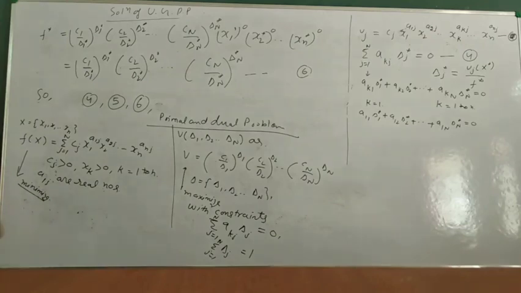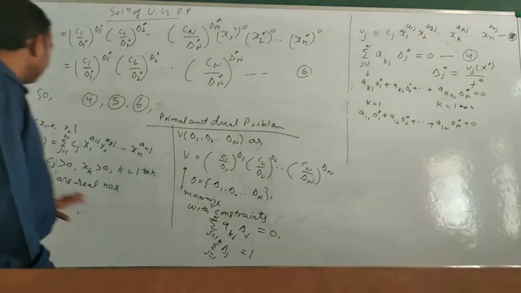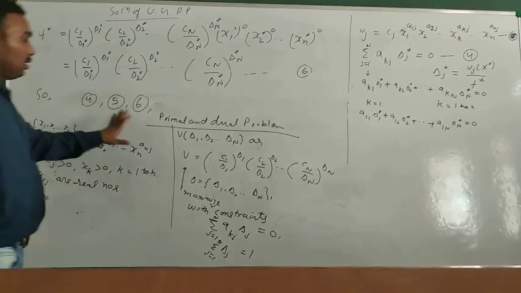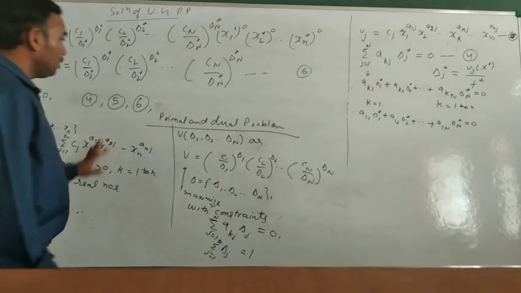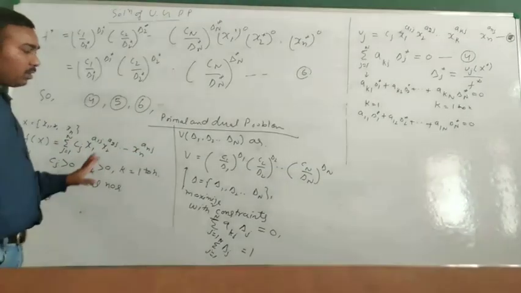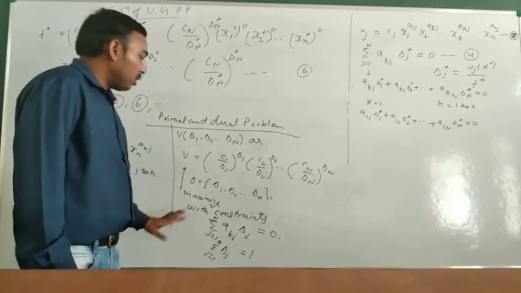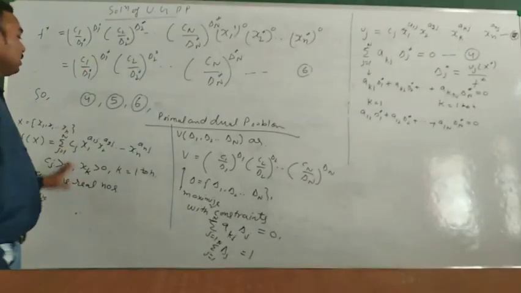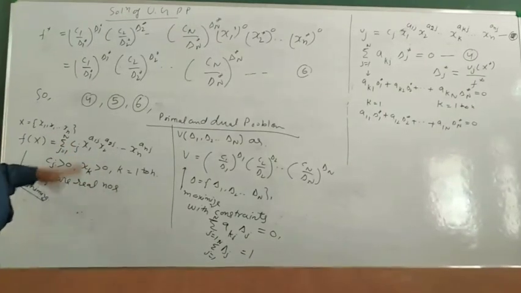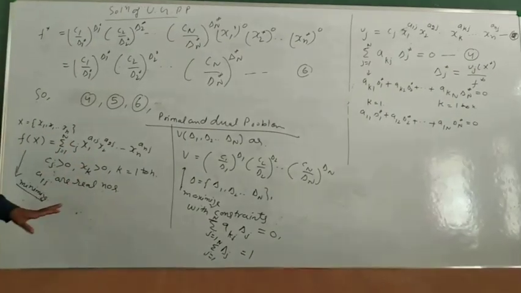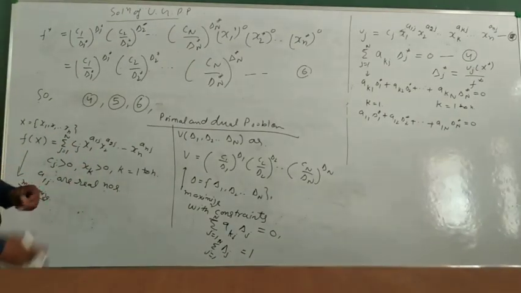Here in a geometric problem, first try to find the dual of the primal problem. Then with the help of the dual problem, find the original solution, means find x1, x2 up to xn.